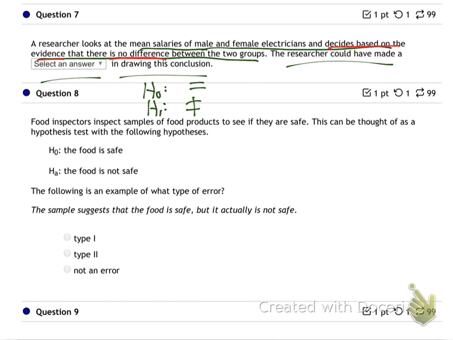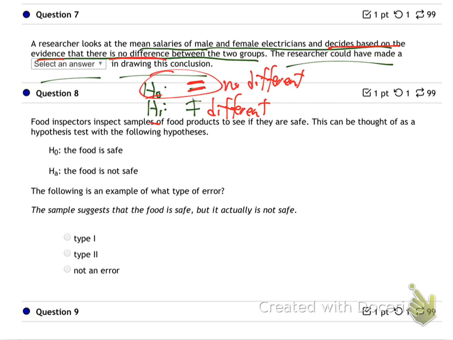So did the researcher go with H0 or H1? Well, H0. Yeah. I'm getting confused too. H0. That's no difference. They're not different. They're equal. Not equal means if they're not equal, they're different. So the researcher went with the H0.